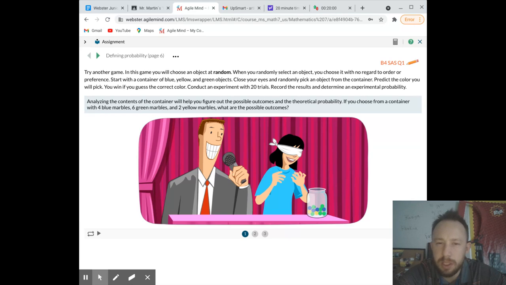And we're going to predict the color we're going to pick. You will win if you guess the correct color. So we're going to conduct an experiment of 20 trials and record the results and determine an experimental probability. So let me get this light on real quick and then we'll do that.